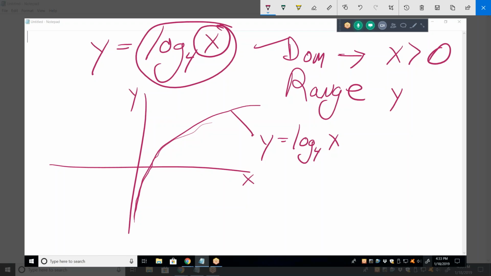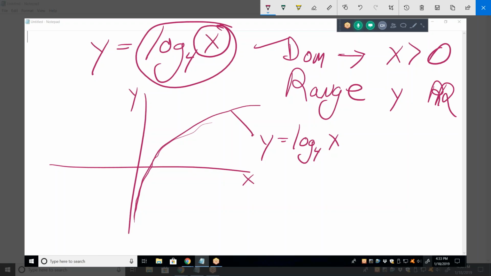Okay? Now, let's look at the range. Make your eyes look up and down rather than left or right. When we were looking at the domain, we were looking left and right. Now we're going to look up and down. What are all of the values that y can be? All real numbers.